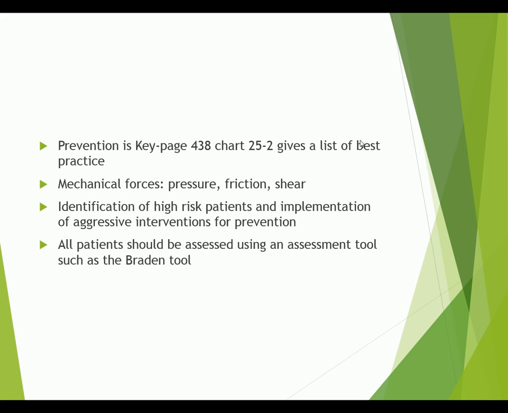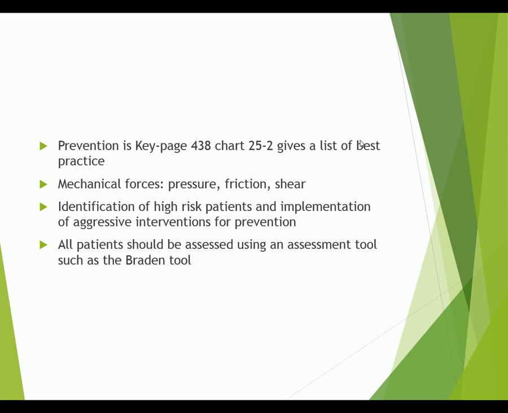So we want to make sure that we're going to be aggressive in preventing pressure ulcers. We want to make sure that we do reposition them. To make sure that repositioning is done, a turn schedule should be posted at the head of the bed with what positions they were changed to, so we'll know what position to change them to next.